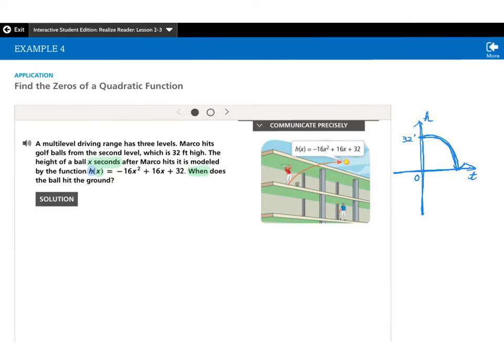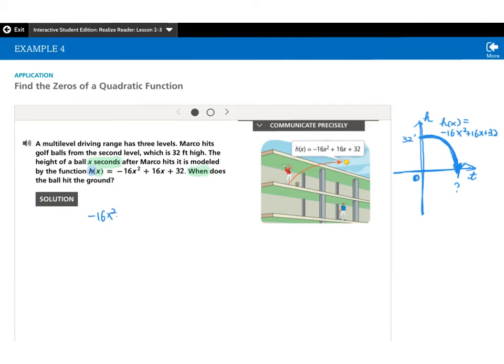Now what it's asking is, given this function, h of x equals negative 16x squared plus 16x plus 32, if it travels with this shape, and when the ball hits the ground, meaning when h of x equals 0, what is my x value? What's my t value right here? So it's really solving for the equation here. So let's try that.